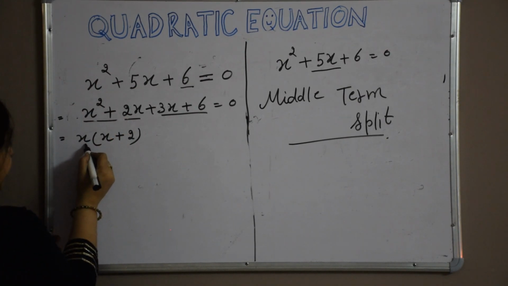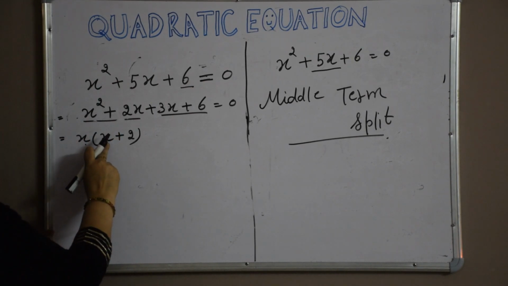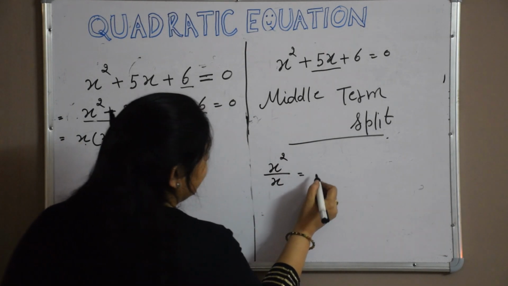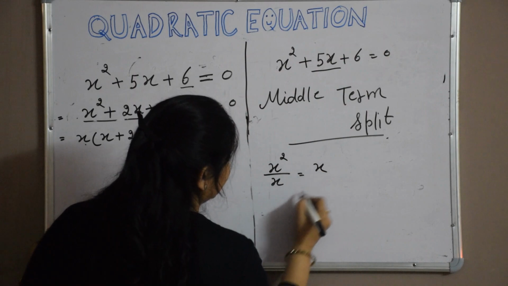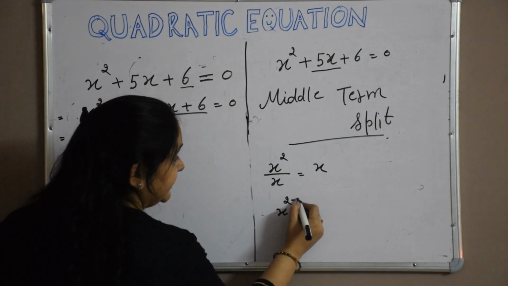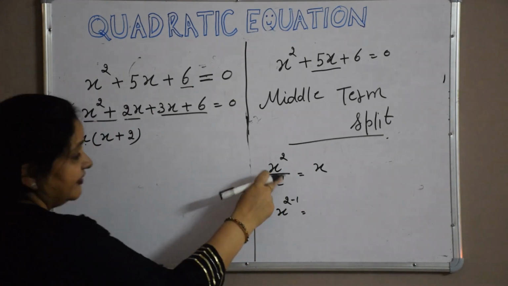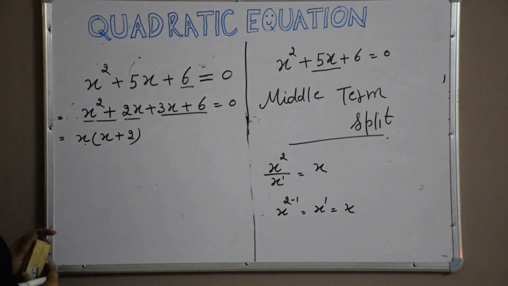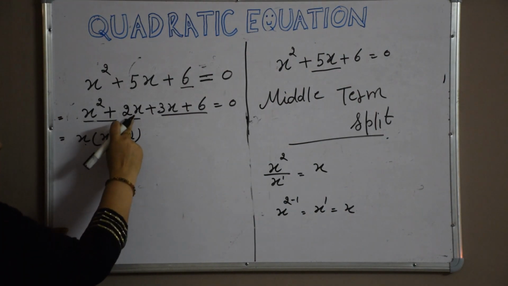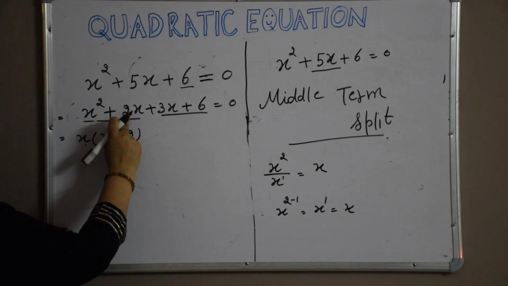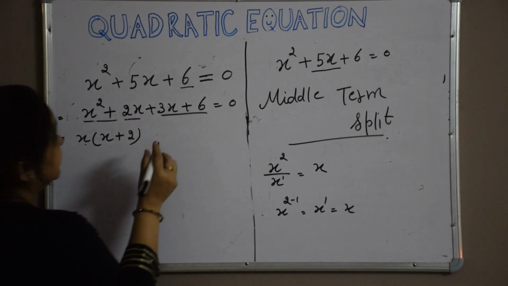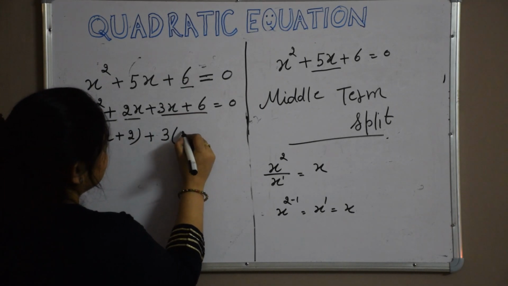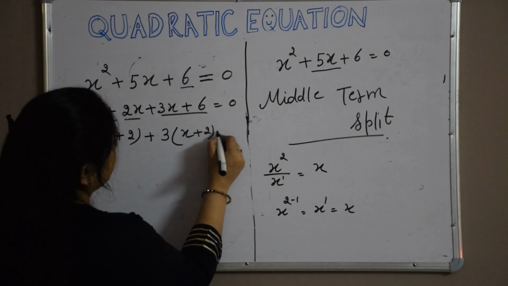If I am taking x, and you are not getting what to write inside, you can see by dividing x square by x we get x, because the power is 2 and here it is 1, and when we divide the powers get subtracted, so x raised to power 1 is x. So inside we have x, and if you are not getting it, you can divide 2x by x and you are left with 2. And here also, 3 is common to both the terms. We are left with x plus 2.